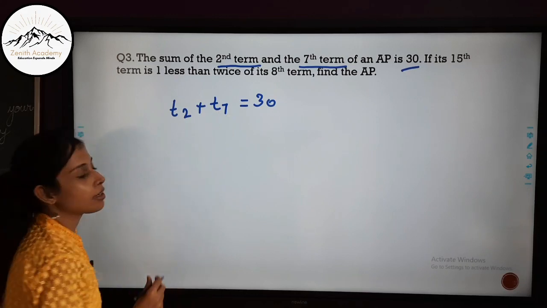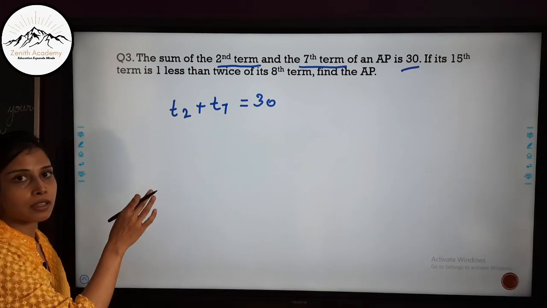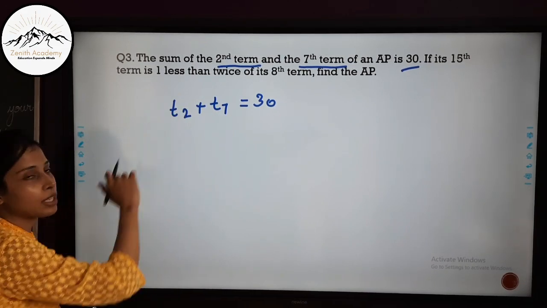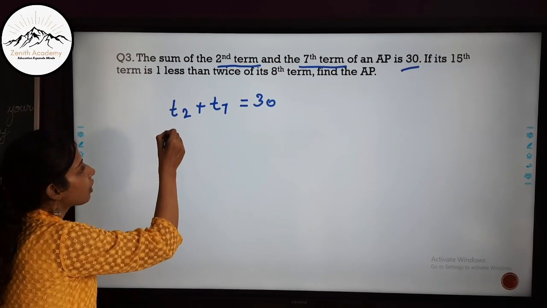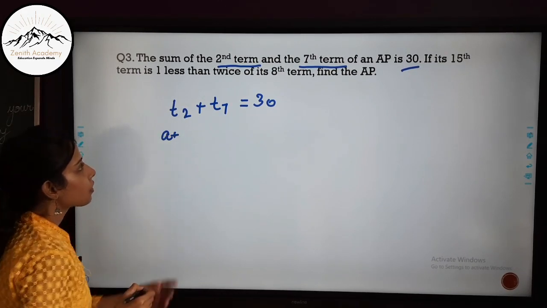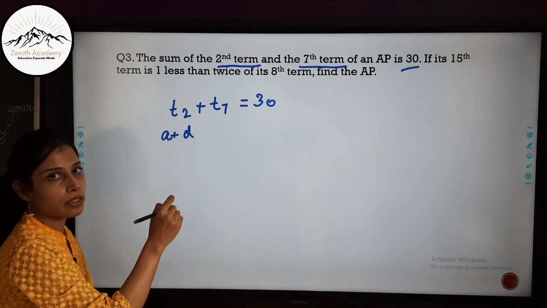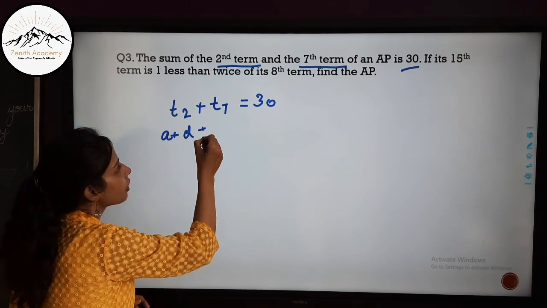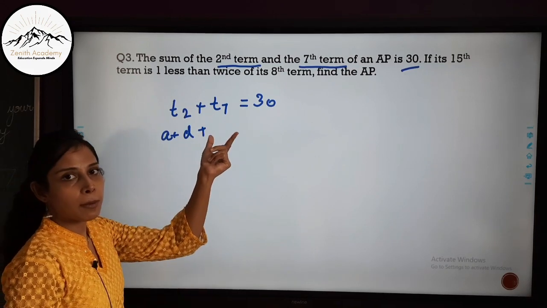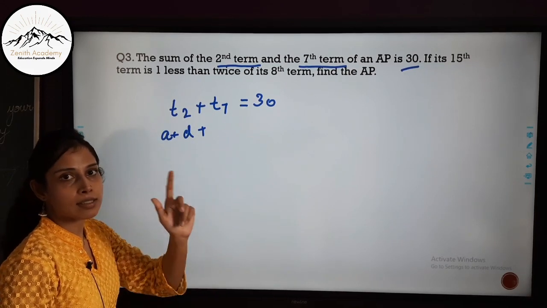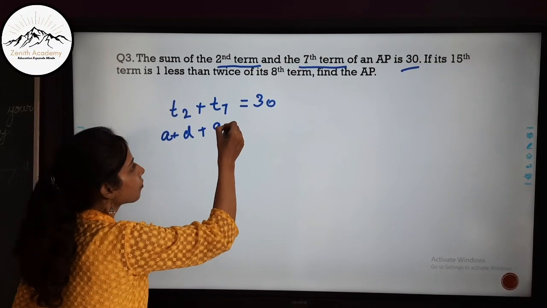Now T2 and T7, as in the previous example, we have to write in the form of A and D. So we can write it in a similar way. Term 2 we know, A plus D, that is A plus 2 minus 1 into D. Term 7 we know, A plus 7 minus 1 into D, that is A plus 6D.